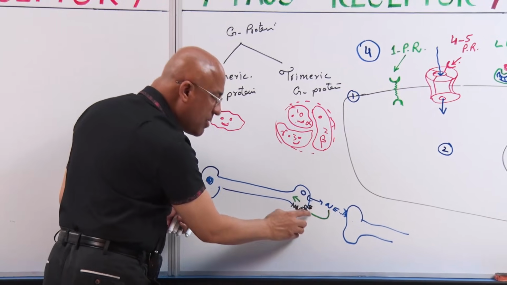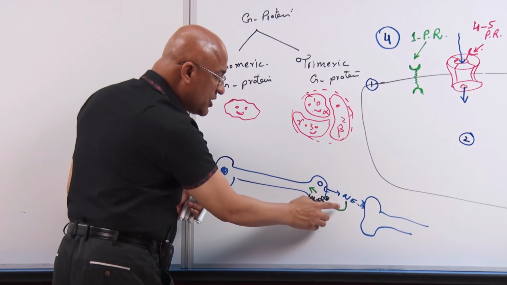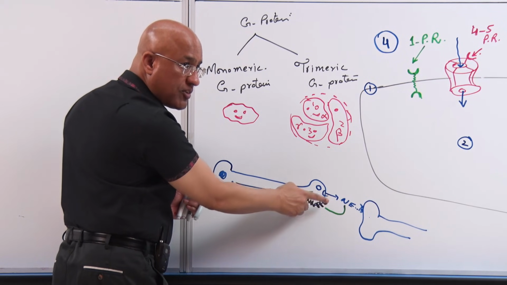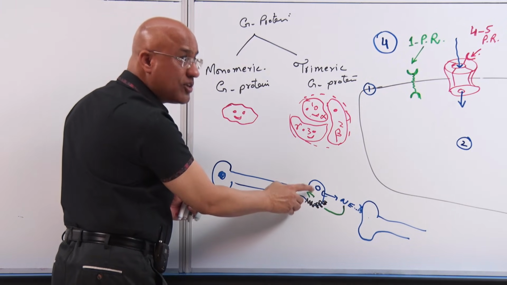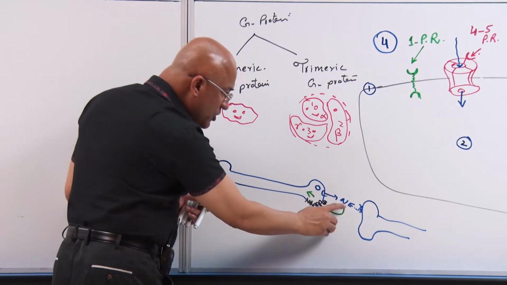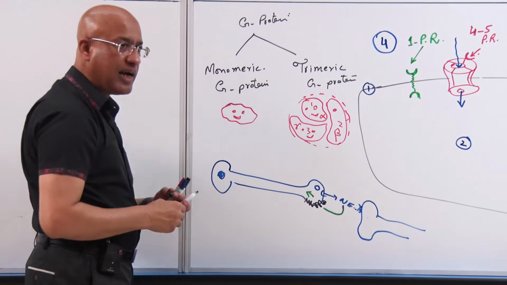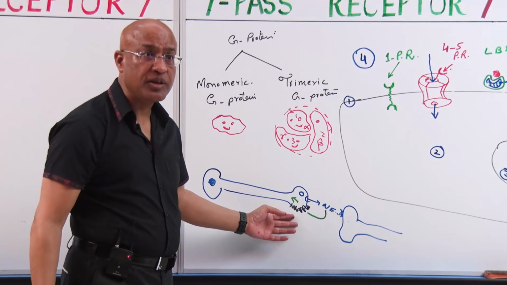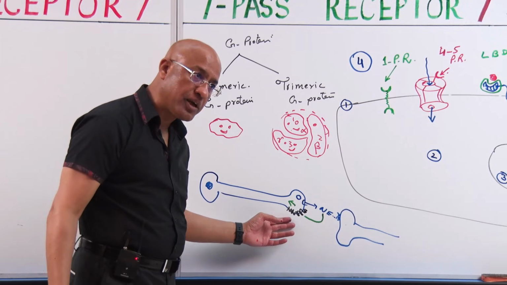And because they are taken back, so they are not lost, we say that they are reuptaken in the presynaptic membrane and again restored. So this reuptake protein is like serotonin reuptake protein or norepinephrine reuptake protein or dopamine reuptake proteins.